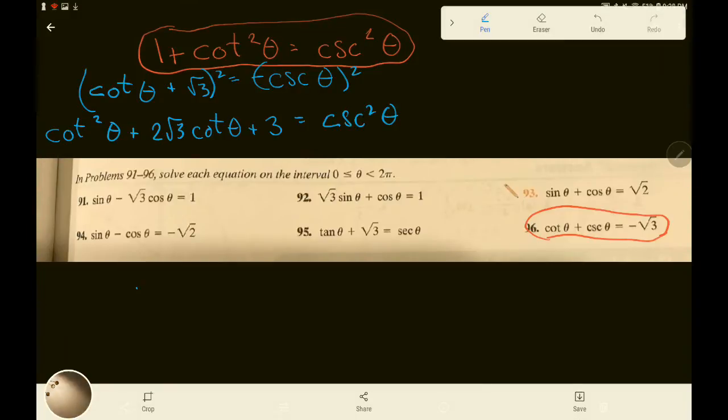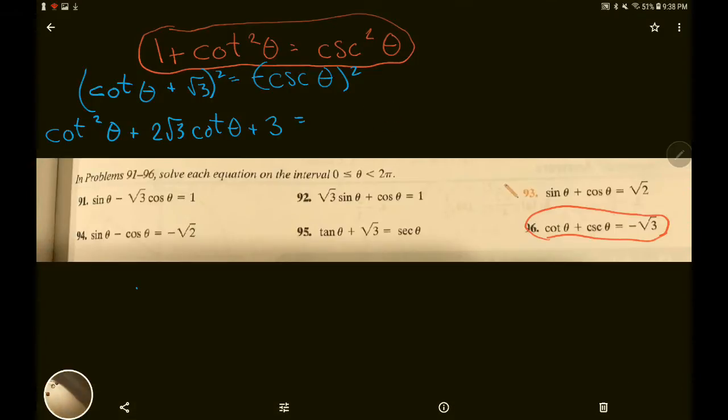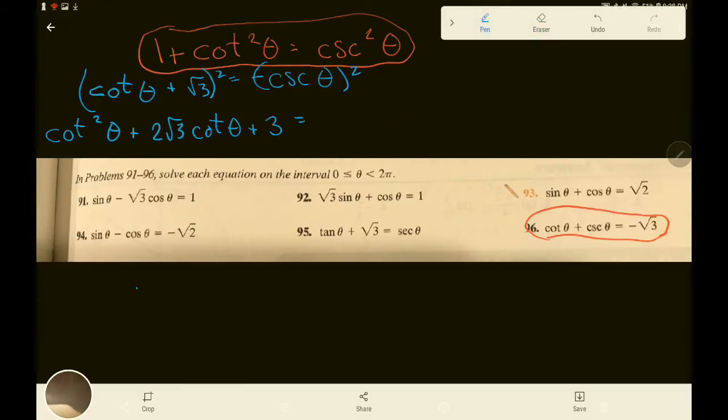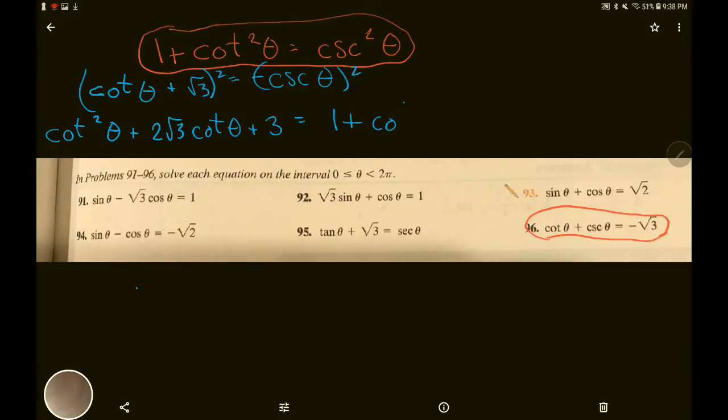And we'll actually use our trig identity here. Replace that with 1 plus cotangent squared theta.